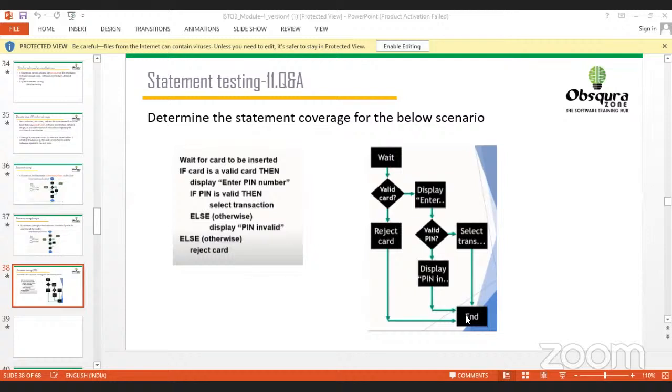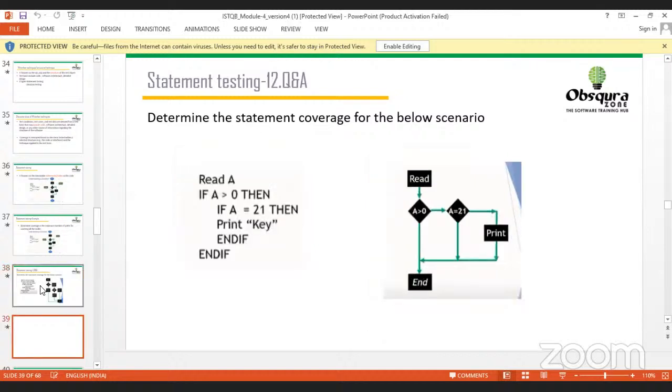Got it? Now next question. Try to answer this one. How many paths are required?